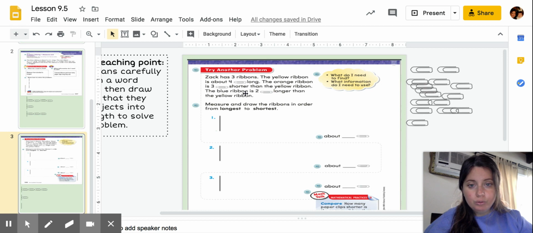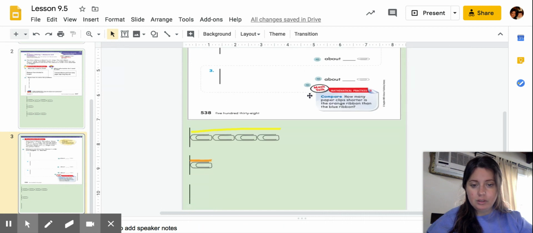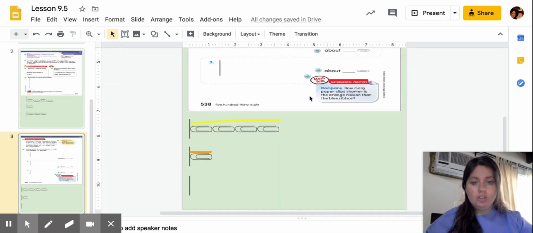The blue ribbon is 2 paper clips longer than the yellow ribbon. Okay, so that means my blue ribbon is 2 longer. So that means I have to add 2 more to what I have on yellow to figure out how long my blue is.